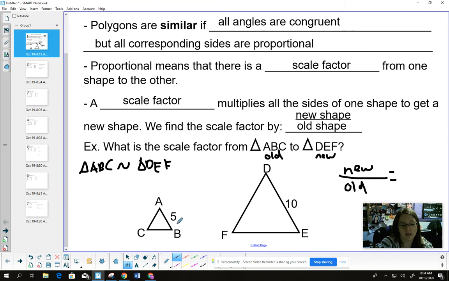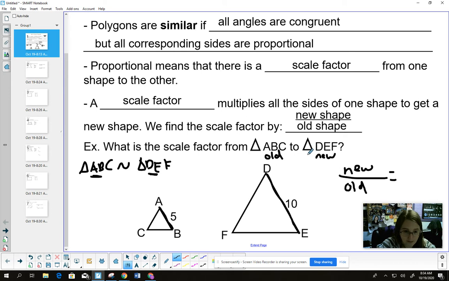Now notice we only have one side, so it's pretty obvious to see. However, it's very important to understand that looking at our statement here, I have AB, which is the first two letters, and this is DE, which is the first two letters. That's very important. That has to be true. We have to pick a corresponding side, which means the letters need to be in the same place in the statement.